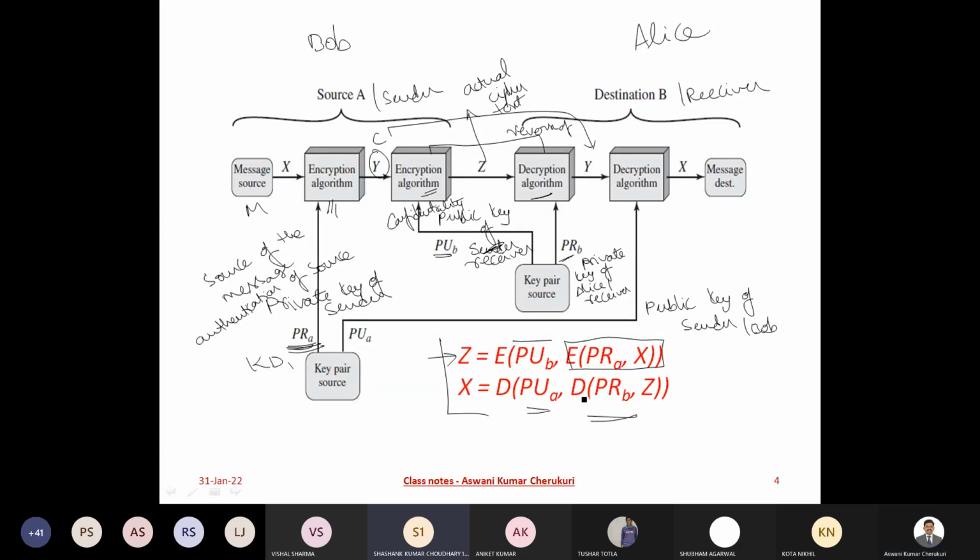Okay. Is that clear? So we are able to achieve both confidentiality and authentication.